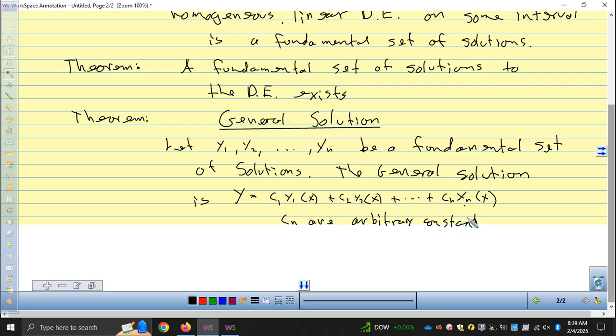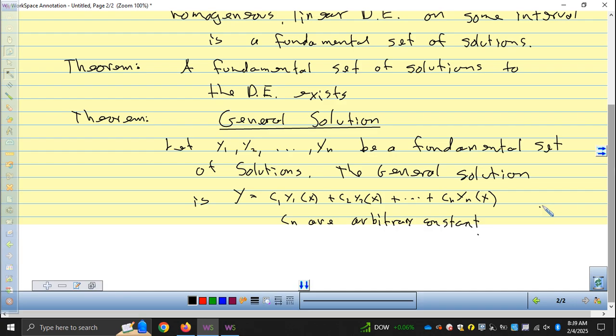So with nth order linear homogeneous differential equations, our goal is to find n linearly independent solutions. Question: if the fundamental set of solutions are linearly independent, then how can you add them together to get the general solution? Is that superposition? They're dependent?